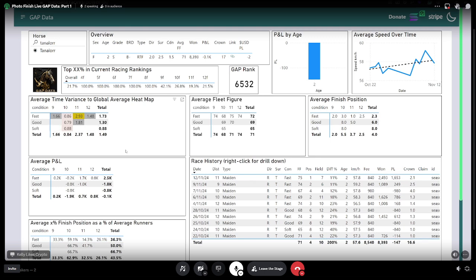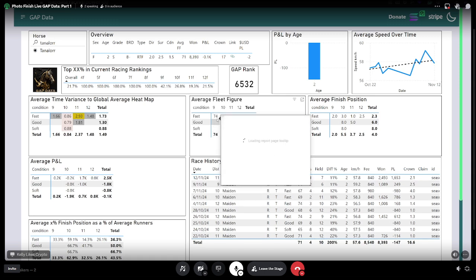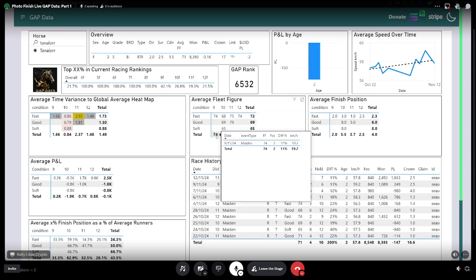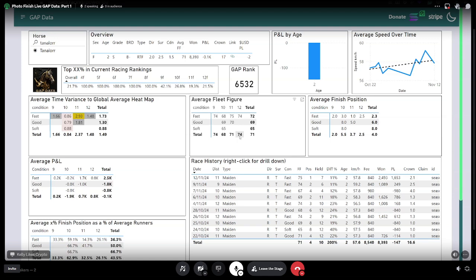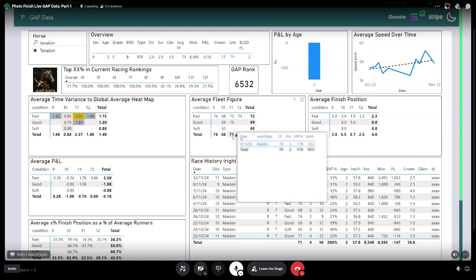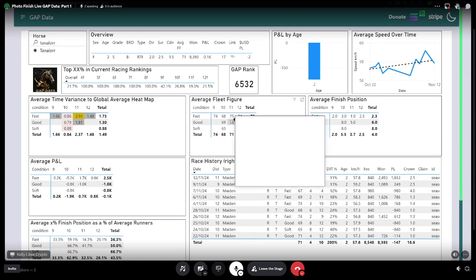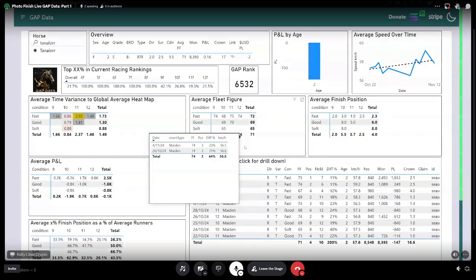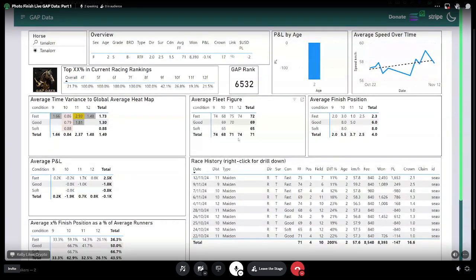Also, when you look over here, this is the average, but you might not have that many races. You only actually did one race at 9, so obviously the average is going to be that one race, but your average over here is 74, and your average over here is actually 71. So your average of 11s and your average at 12 is 74. So again, it's weird numbers, right?